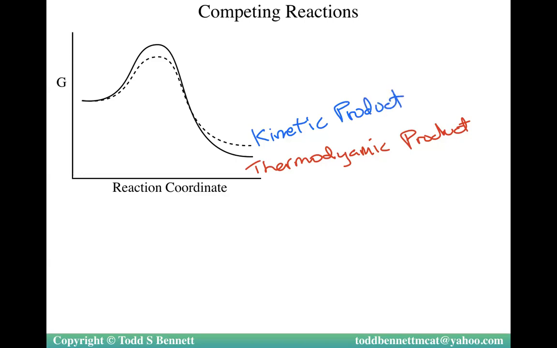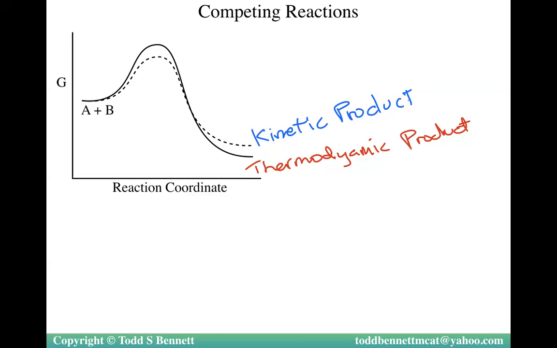So the kinetic product will form initially very quickly, but over time, that kinetic product will turn into the thermodynamic product. So if you want to get one product over the other, you can do it by messing with the temperature, the timing, when you extract things out. Everything about the reaction can be controlled by trying to manipulate this difference right here.